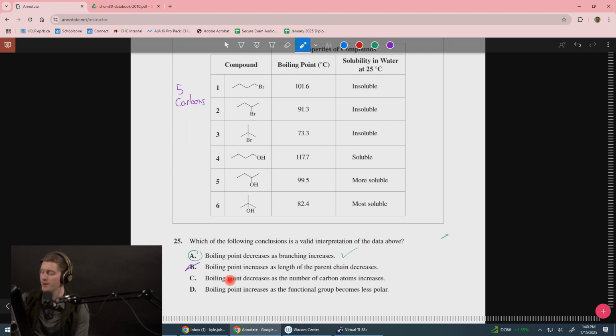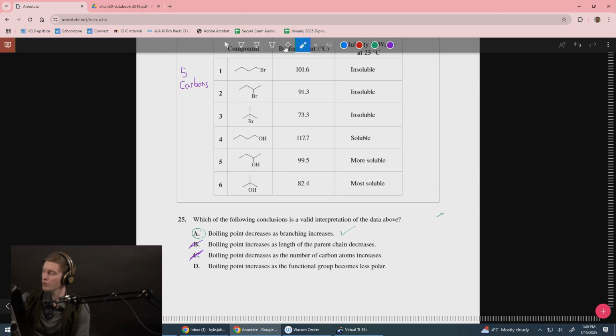C, boiling point decreases as the number of carbon atoms increases. Well, these all have 5 carbons. So this data above won't help you answer that question. And also, the boiling point will increase as the number of carbon atoms increases, just because you'll have more London dispersion forces as you increase the number of carbons in the molecule.